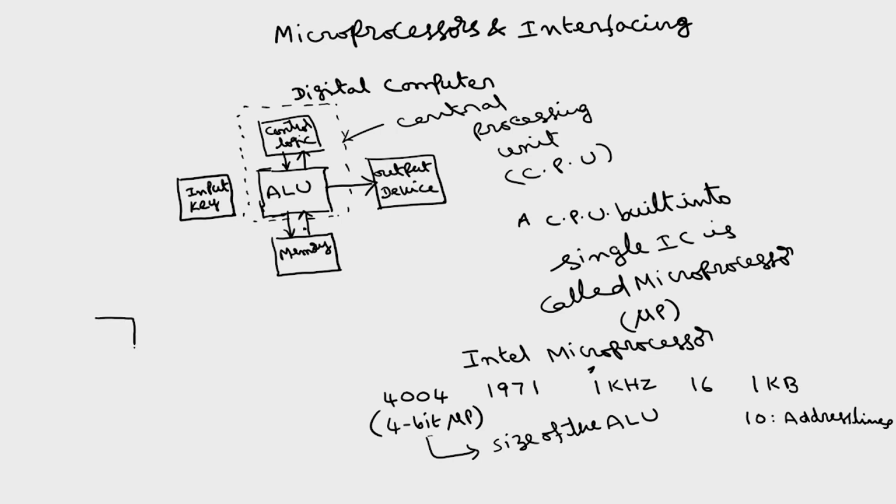If you take the simplified circuit diagram of the block diagram, this is the input device, we can call this I/O in a single block. Then this is the microprocessor, the combination of ALU and control logic. Then we will be having memory.